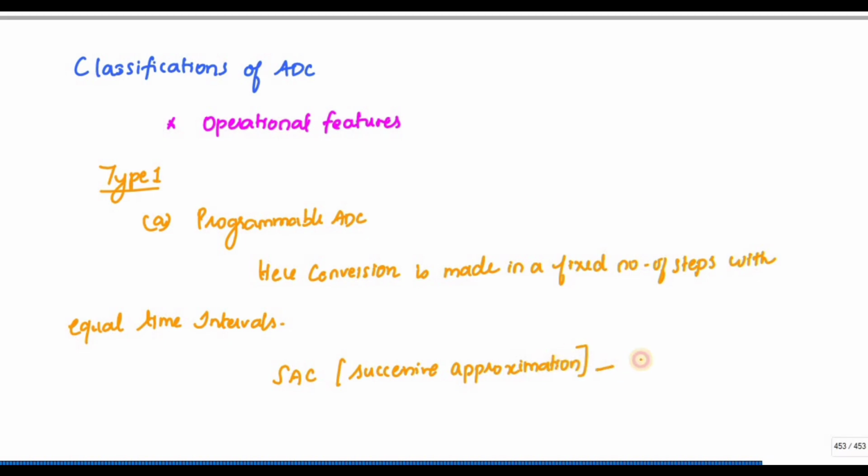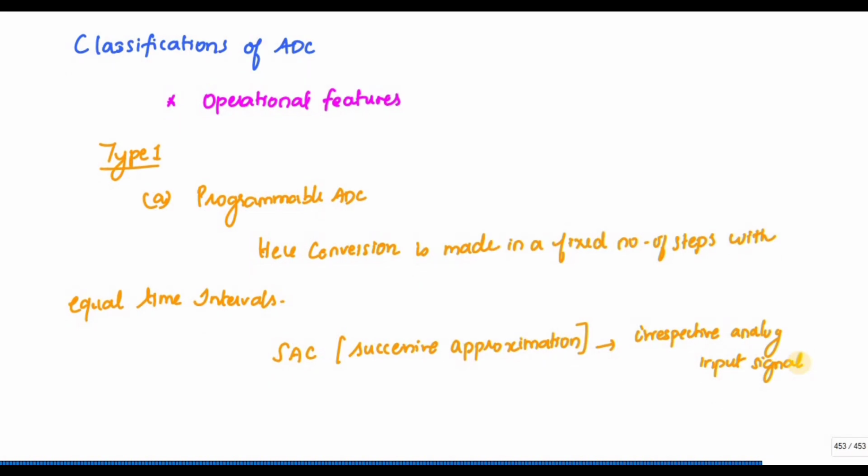It will take a fixed number of steps with equal time interval in order to convert my analog signal into a digital value, irrespective of the analog input signal. This is an example of a programmable ADC.